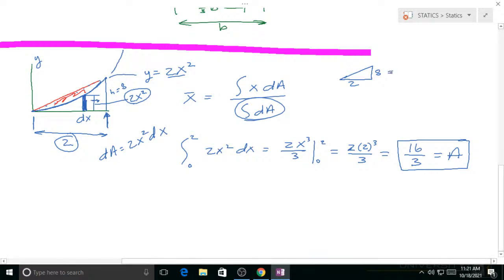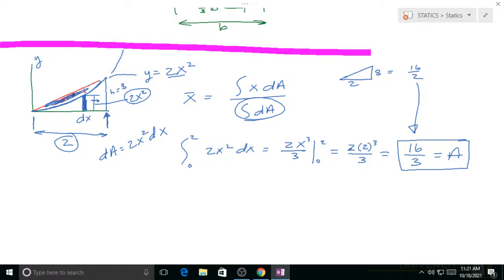So the area of that triangle is going to be 16 over 2. So in fact, 16 over 2 is a little bigger than that, and that'll tell you what the area of this lost thing there is.